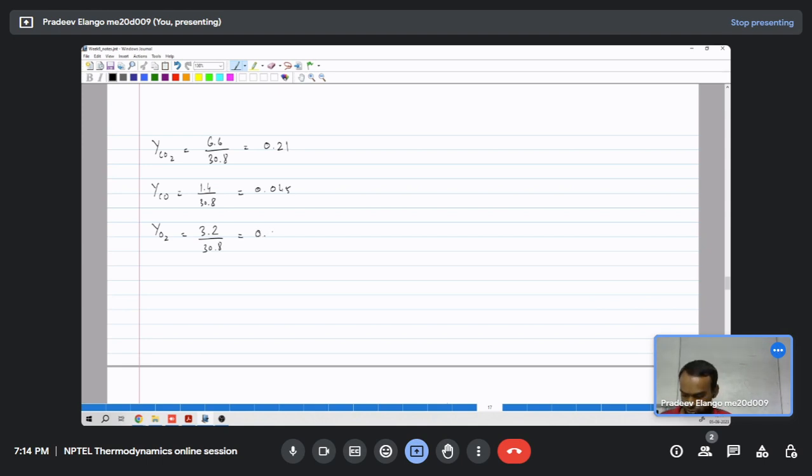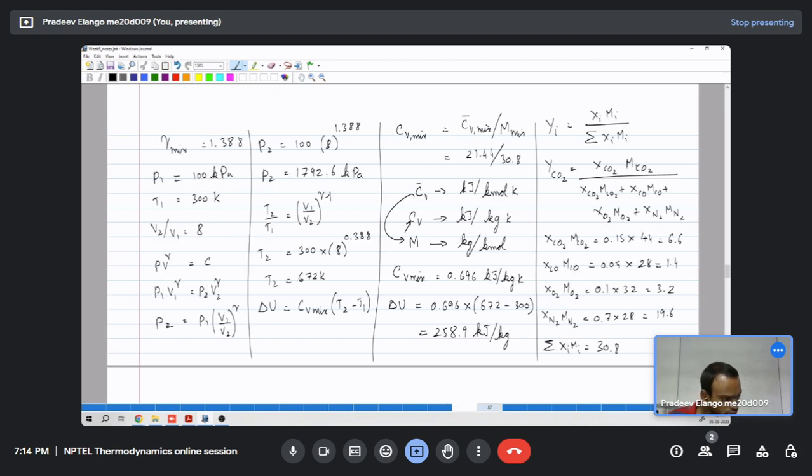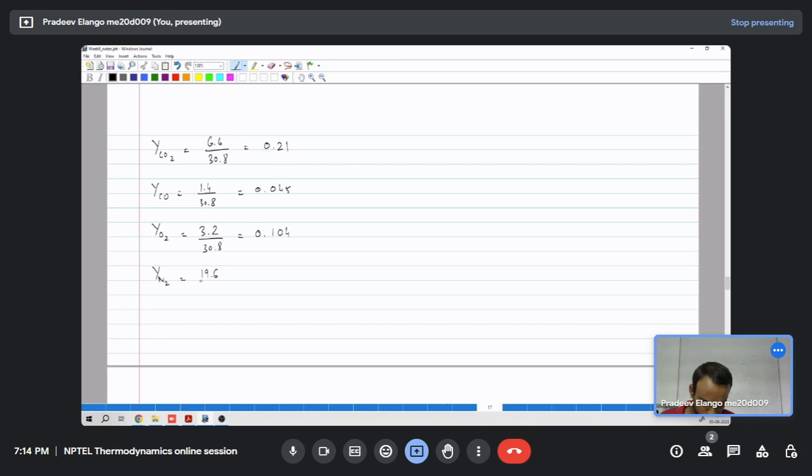This is 0.104. y nitrogen is 19.6 by 30.8. This is 0.636. If you sum all this, you should get 1.00. Because we had all the mole fractions given and we have calculated the mass fractions, you should add them.